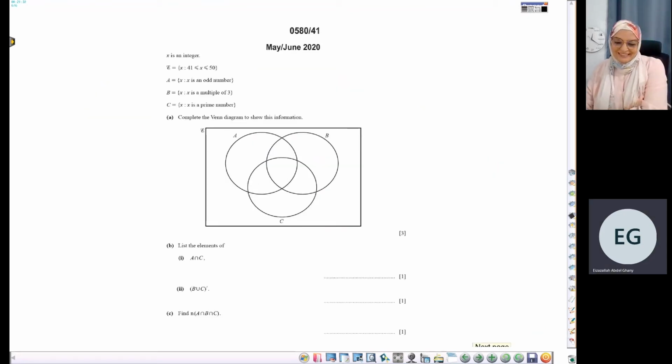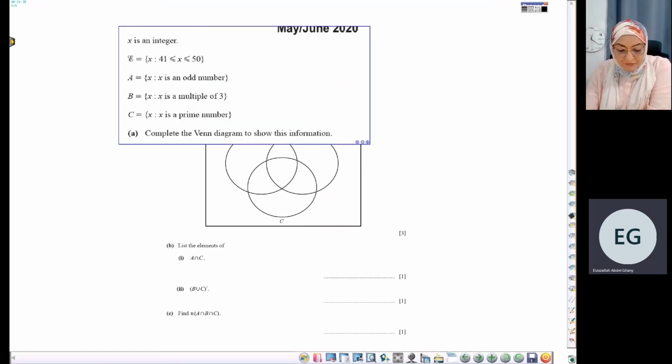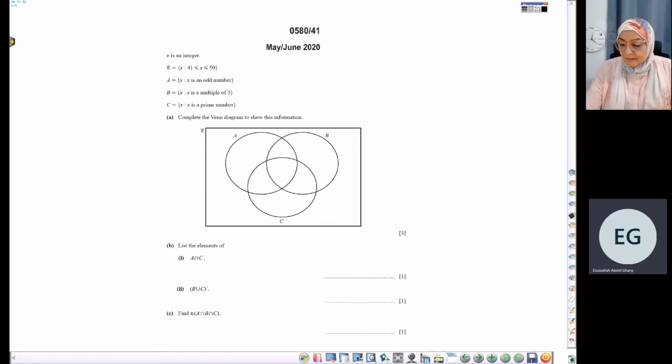Now the last question. Whenever it is written in a descriptive method like this, the universal set has elements, and these elements are X, which ranges between 41 and 50. You should list them.